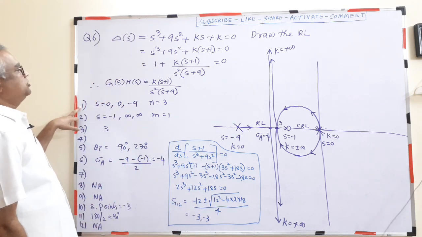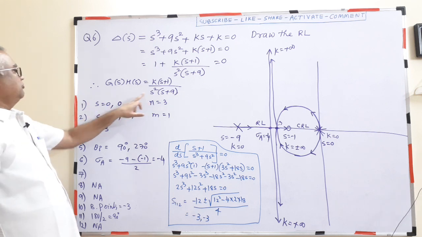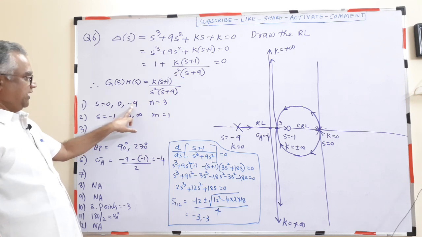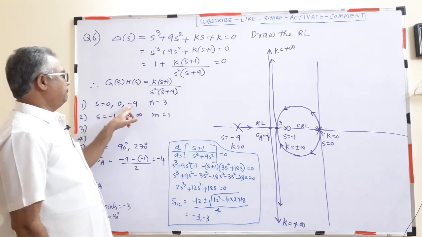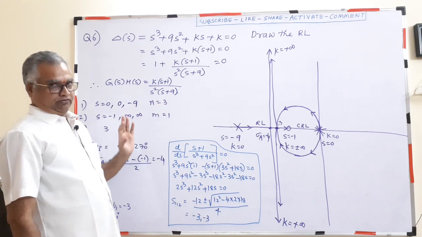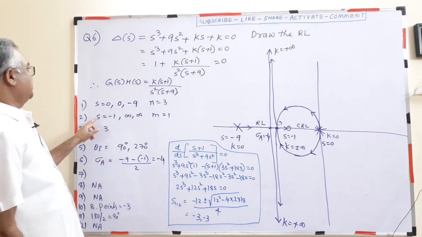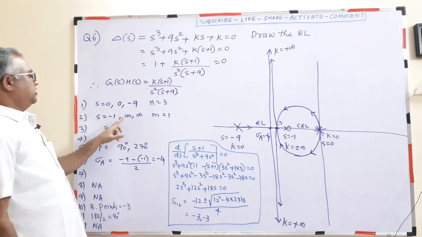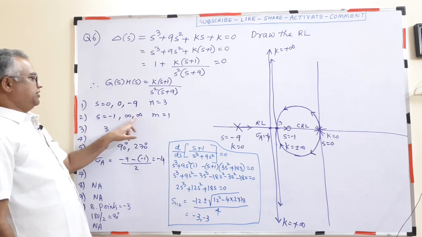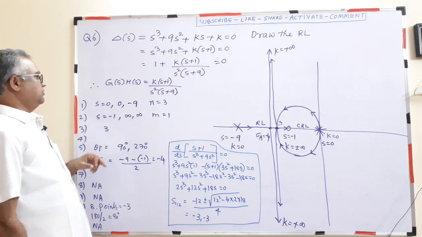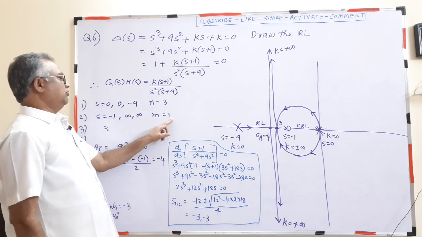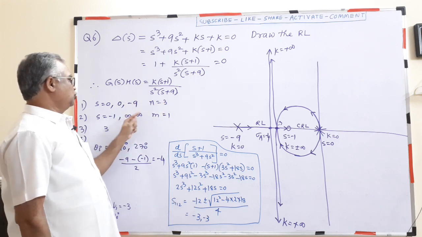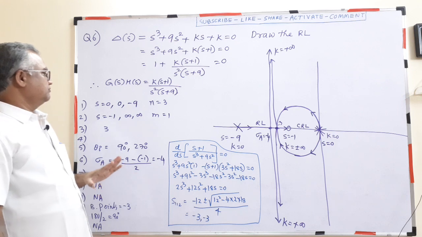So k equal to 0 points are the poles. We have s equal to 0, s equal to 0 and s equal to minus 9. We have 3 finite poles, that is n equal to 3. Then we have 1 finite zero, s equal to minus 1, and 2 zeros are at infinity, because m equal to 1, n equal to 3, 3 minus 1 is 2, so 2 zeros at infinity.